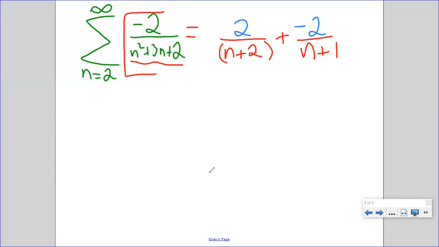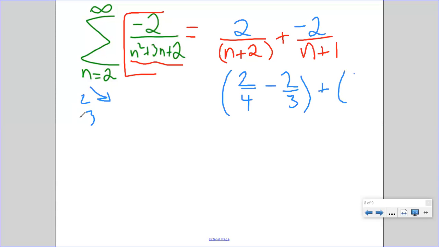All right, now let's see how this breaks down. If we were to put a 2 in, we would get 2/4 minus 2/3. We're okay with that. That's the first term. Then let's do 3, the next term.